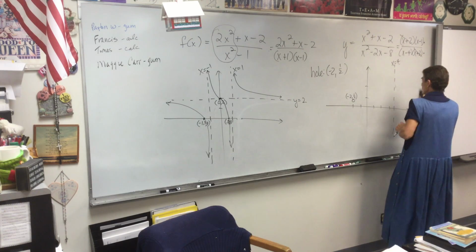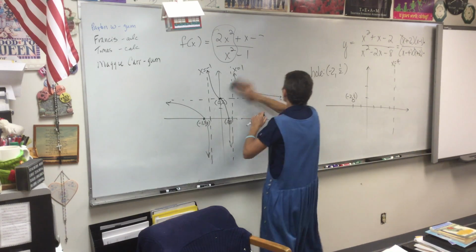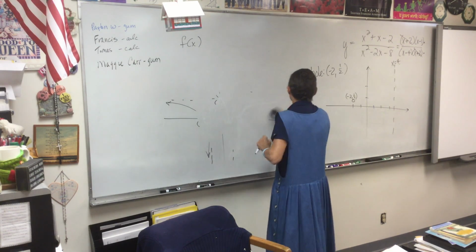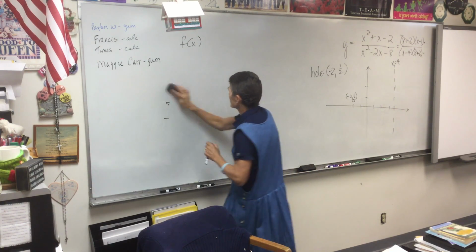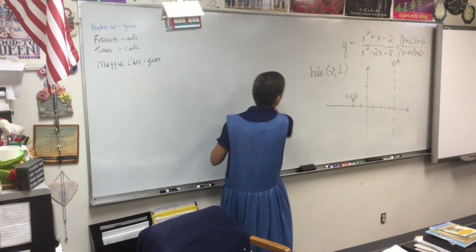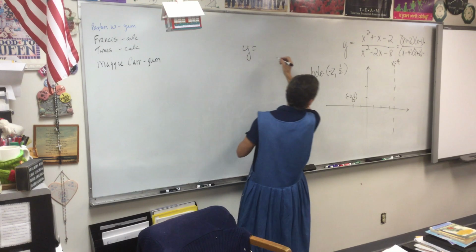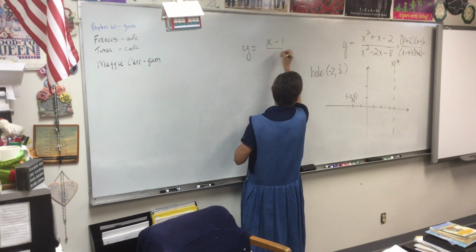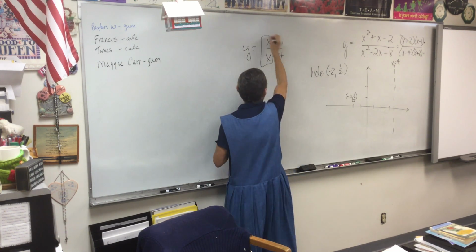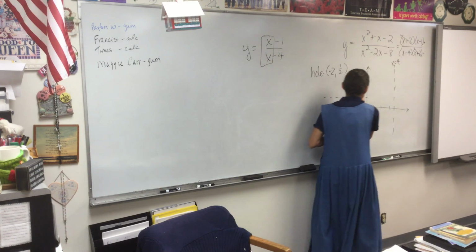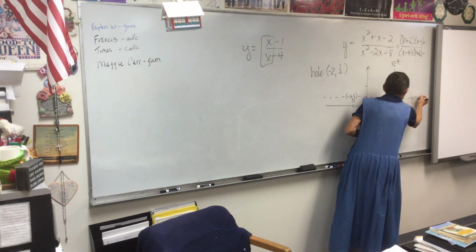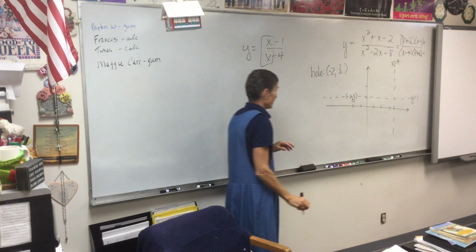The vertical asymptote at x equals 4. Tell me what else I have. I have a horizontal asymptote. Where is it? X minus 1 over x minus 4. So I have a horizontal asymptote at 1. Everybody okay with that?